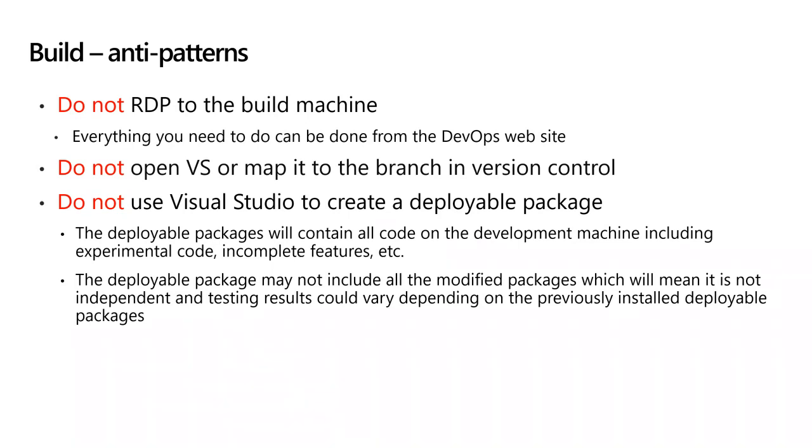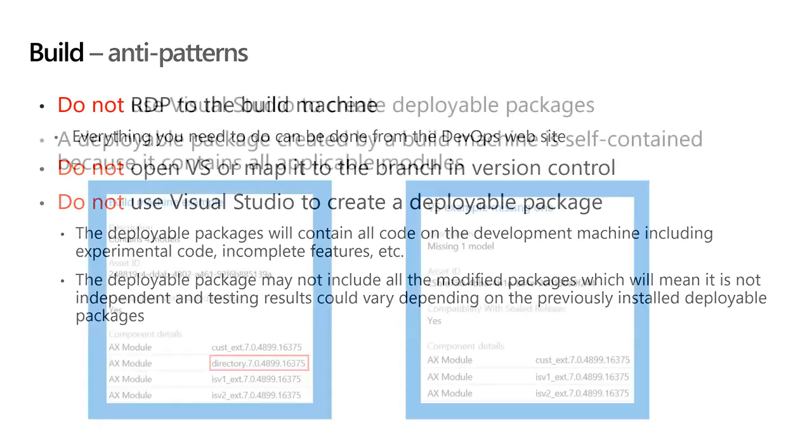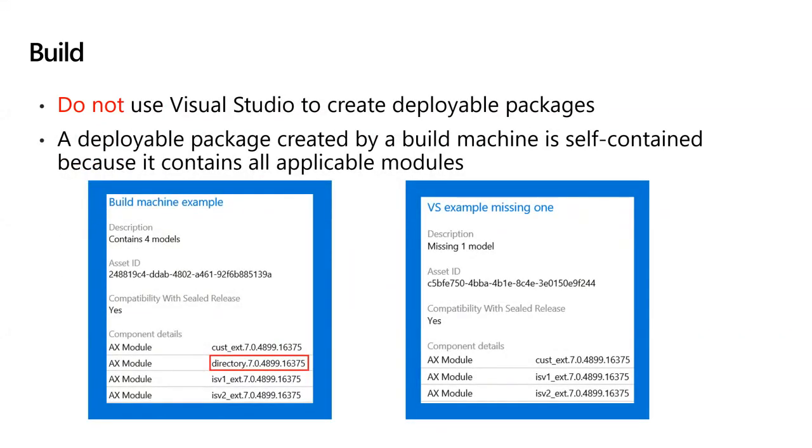As I mentioned before, the deployable package will contain all the code on that development machine, whether it was checked in or not, and that is not good for consistency either. This is an example of two deployable packages from back before one version that were created, and the one on the right was created with Visual Studio.